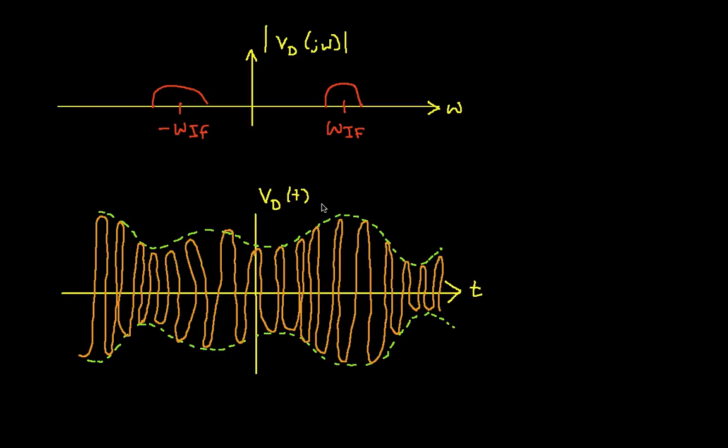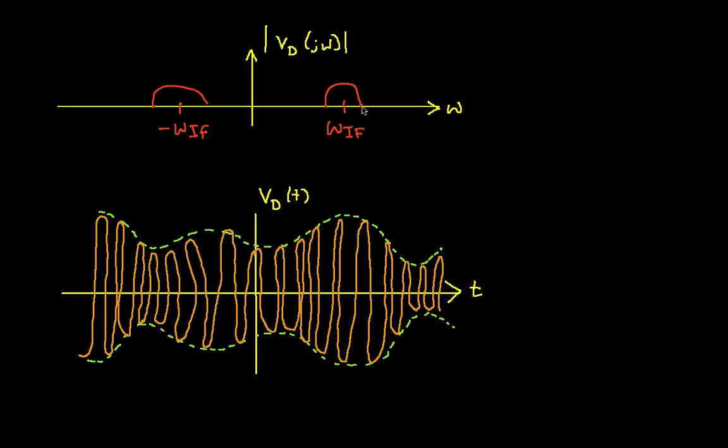So in the second video, we showed a mixer and a bandpass filter, and the output of that bandpass filter was something that looked like this, and I've called this V sub D for lack of a better thing to call it. This is what the magnitude of the spectrum looks like. I've got bumps at omega IF, my intermediate frequency.